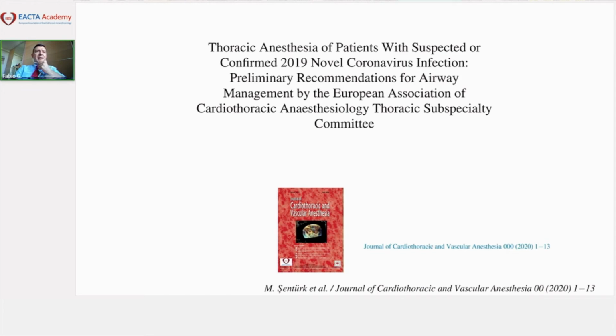Now, very recently, and it is a pleasure for me to show you this paper, the Thoracic Subspecialty Committee of our association, EACTA, published this preliminary recommendation for the management of the airways during thoracic surgery.